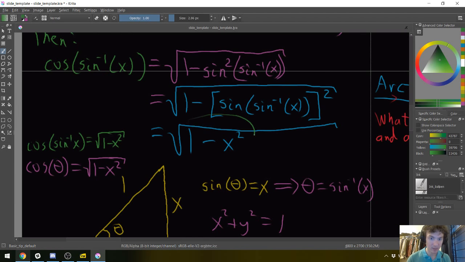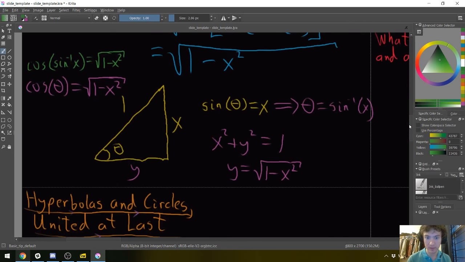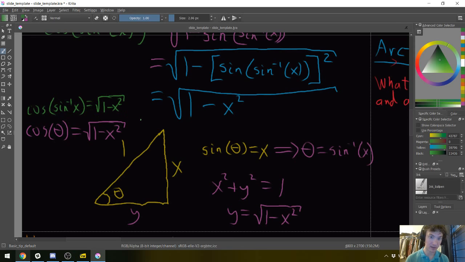So you can think about this result either by using the Pythagorean identity for trig functions, substituting in and canceling, or you can think of it as drawing a triangle, choosing an angle so that sine theta equals x, and then asking, okay, now what is cosine of theta? Cosine of theta then is square root 1 minus x squared. Two ways to see the same result. Okay, questions on this?